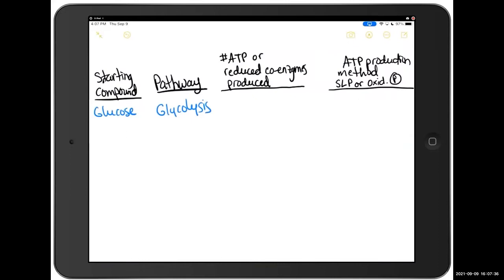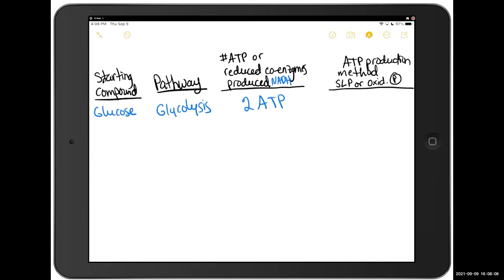All right. Now that we just looked at it, how many ATP are produced in glycolysis? That's right, Marvin, 2 ATP. Do we produce any reduced coenzymes? Well, let me ask you a question. What do I mean by reduced coenzymes produced? What could they be?